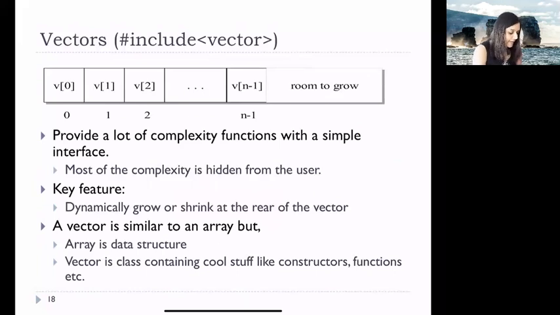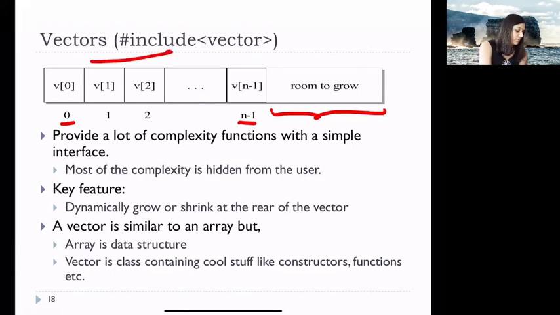Vectors, as opposed to arrays, have some room to grow. If initially you are storing n items from 0 to n minus 1, and then your number of items grows to a total of m, you have room to grow for the m minus n additional items.